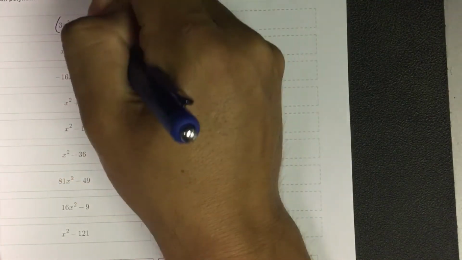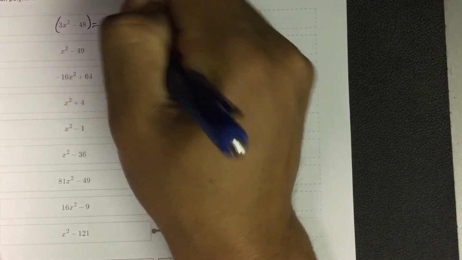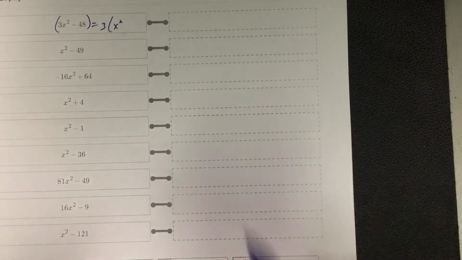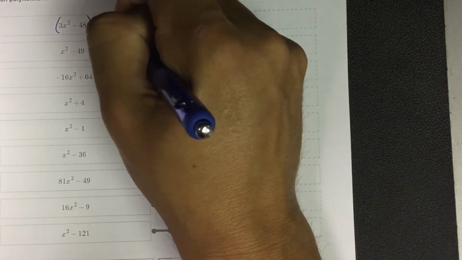So this one, if I take the 3 out, is 3 times x squared, and 48 divided by 3. What is 48 divided by 3? I'm actually using the calculator. So it's 16. So x squared minus 16.